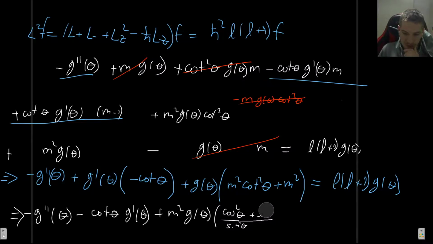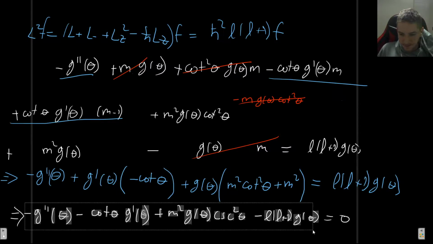But cosine squared plus sine squared is 1. So this is simply 1 over sine squared, which is the same as the cosecant of theta squared. Okay, so we got this part, and now we can actually just go ahead and put minus L plus 1 g of theta equals 0.